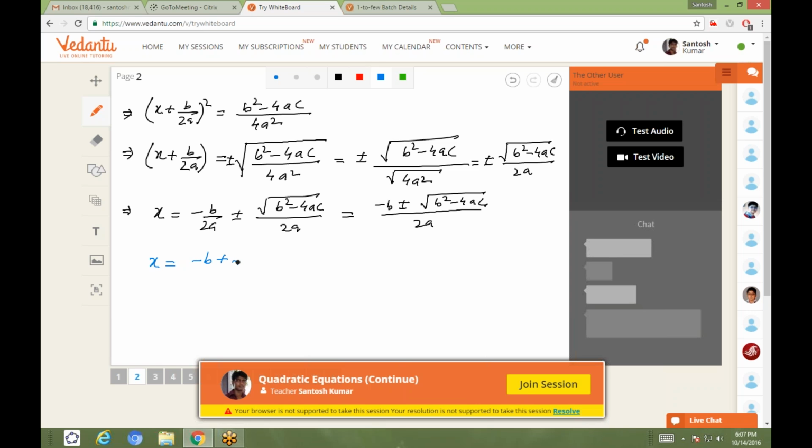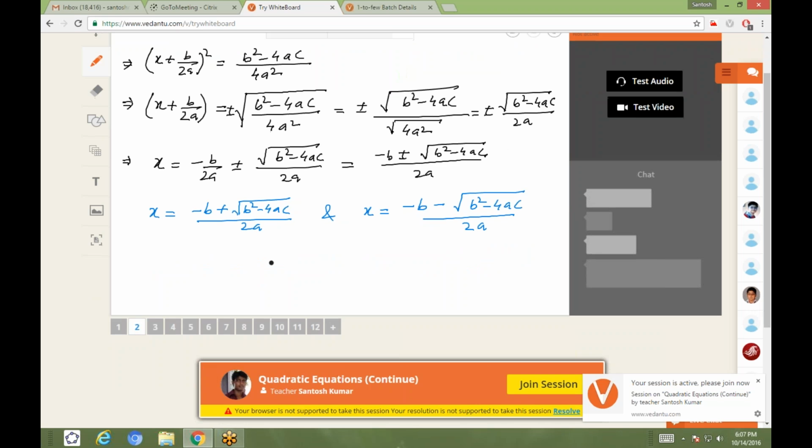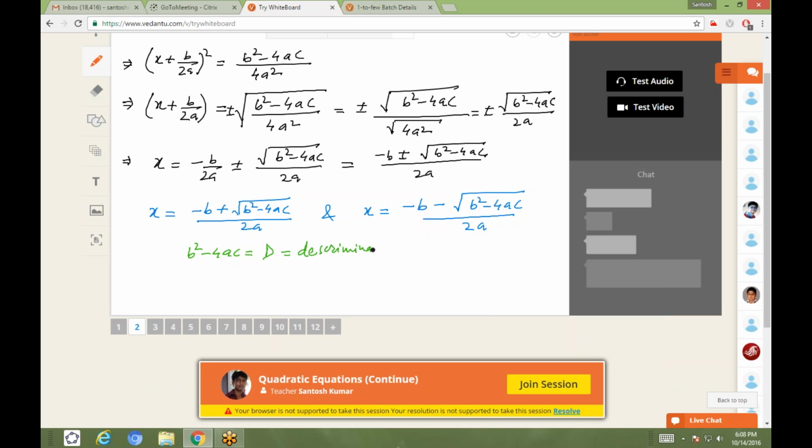One is x equal to minus b plus square root of b square minus 4ac divided by 2a, and the other one will be x equal to minus b minus square root of b square minus 4ac divided by 2a. Correct? Yes, sir. And this b square minus 4ac, we call this the discriminant, and we represent it as capital D. Right? Discriminant. Okay?